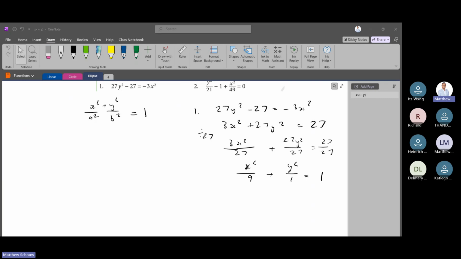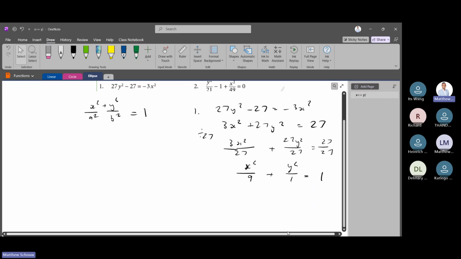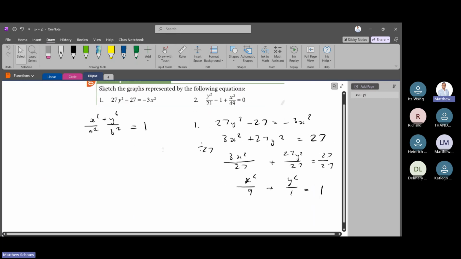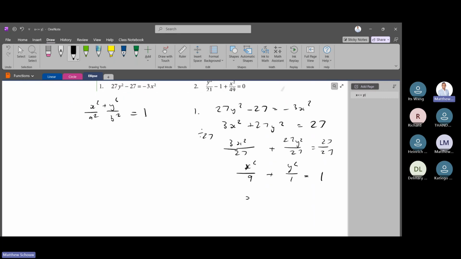So there we have our standard form for our ellipse. But of course, you must remember the values at the bottom are squared. So we say 3 squared plus 1 squared. Now they're typically always a square over 1. And right there, you have your intercepts. No?